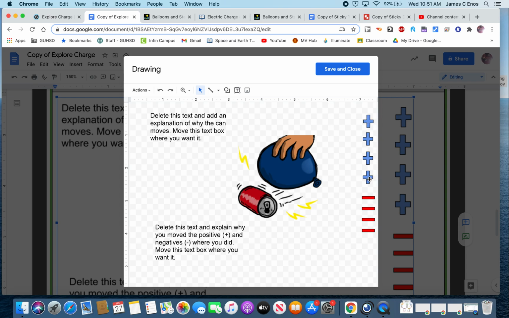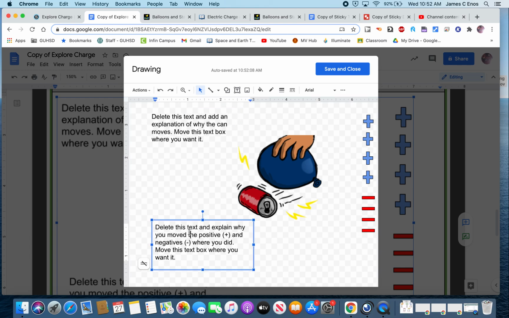Take these positive charges and negative charges and place them where you see fit on this drawing, and then add in text giving an explanation of why that can moves. You can move the text and position it however you want, and then delete this text and explain why you placed the positives and negatives where you did.